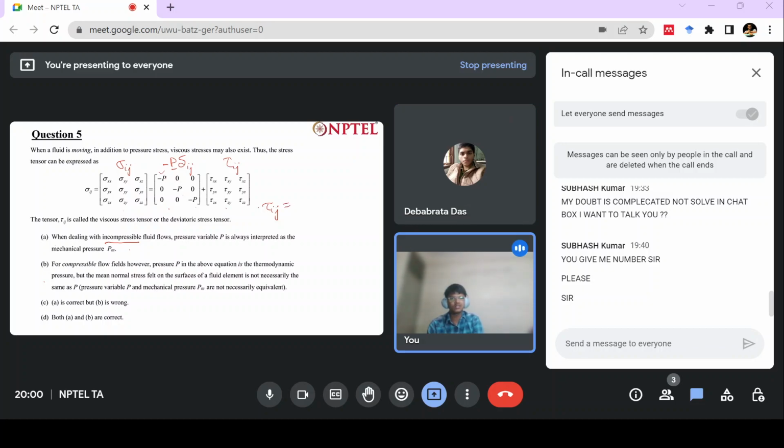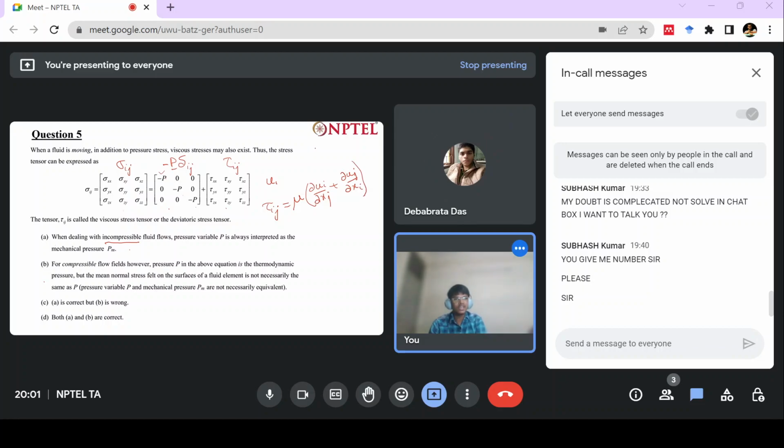So tau ij is dependent on your velocity field. It has two components. One is your Newtonian viscosity component. Mu is your dynamic viscosity, multiplied by del ui del xj plus del uj del xi. Here you see i and j are reversed.